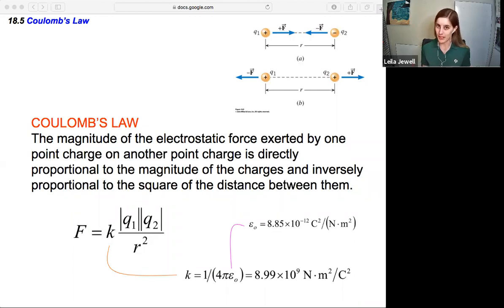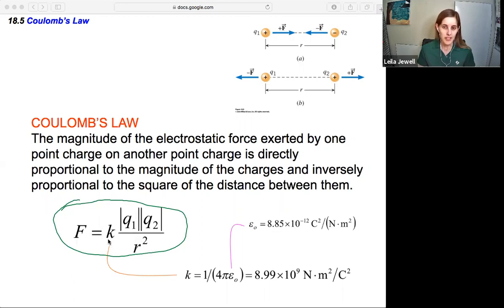That's a lot of mathy language to describe this equation right here, which is one of our key equations: the electric force is equal to this constant K times the magnitude of one charge times the magnitude of the other, divided by the distance between them squared. And that square is really important, so make sure to keep that square in there.